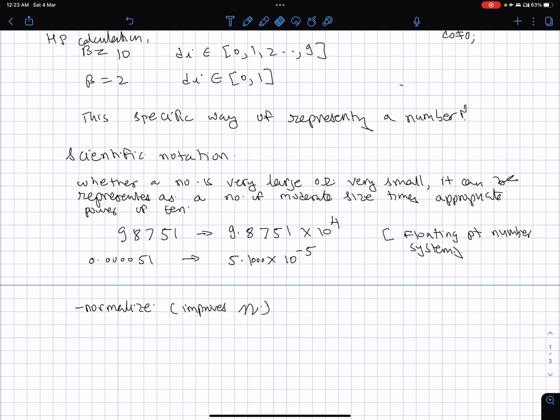Otherwise, suppose I decided to bring this decimal point somewhere else, then the same number I could have written like this: 1, 2, 3, 4, 9 times 10 to the power maybe 8.